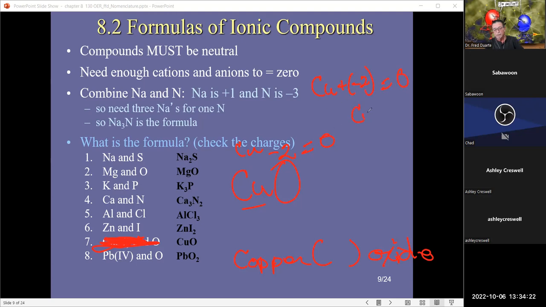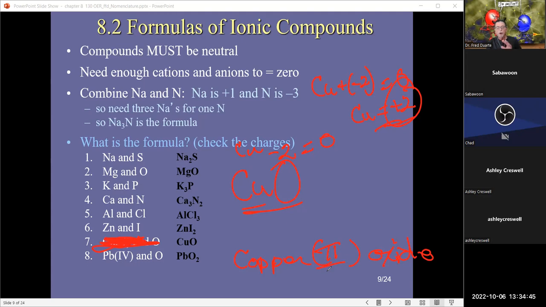So that means that copper, as we saw, has to be a +2. So what number plus a -2 gives you 0? Obviously a copper 2. So that's what I mean by back calculating. Once we back calculate that, we determine you're using copper 2. Now we know what Roman numeral to use, okay?